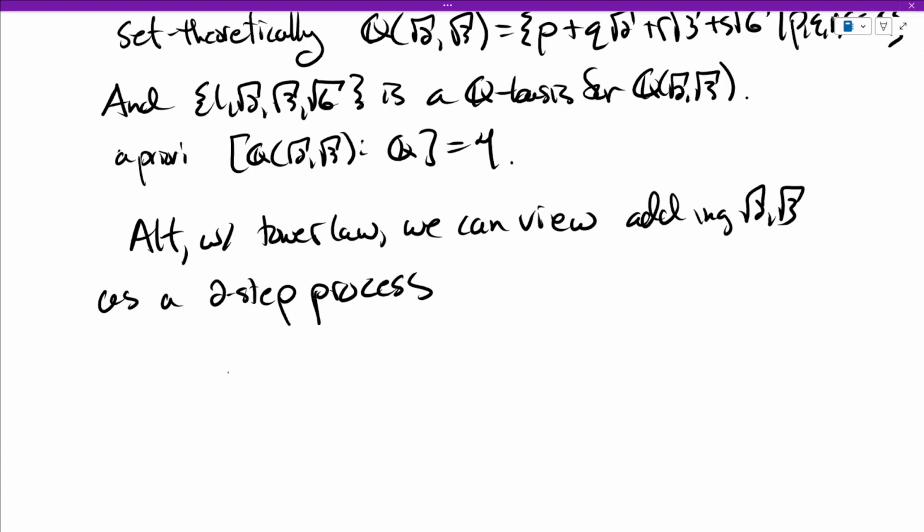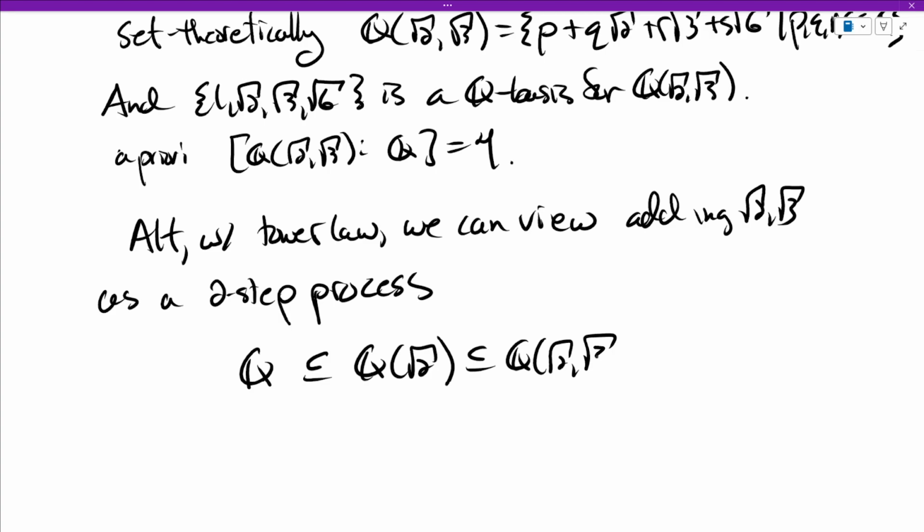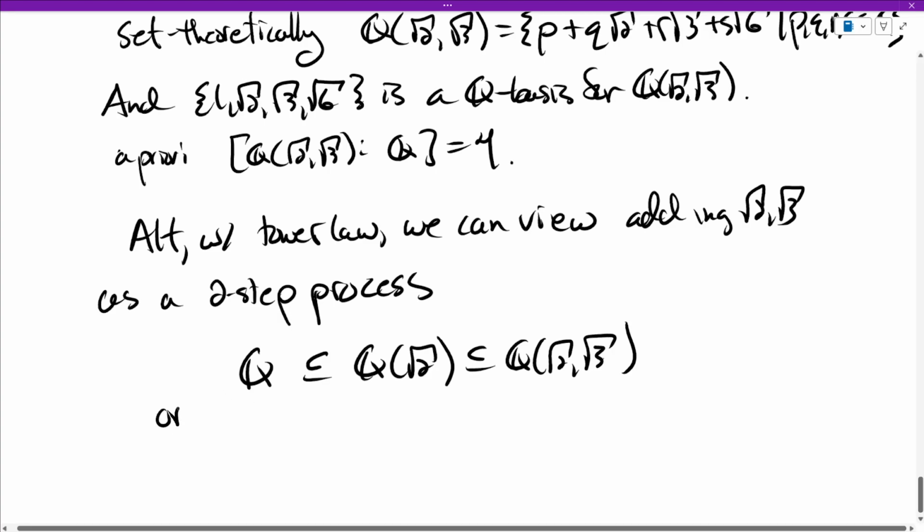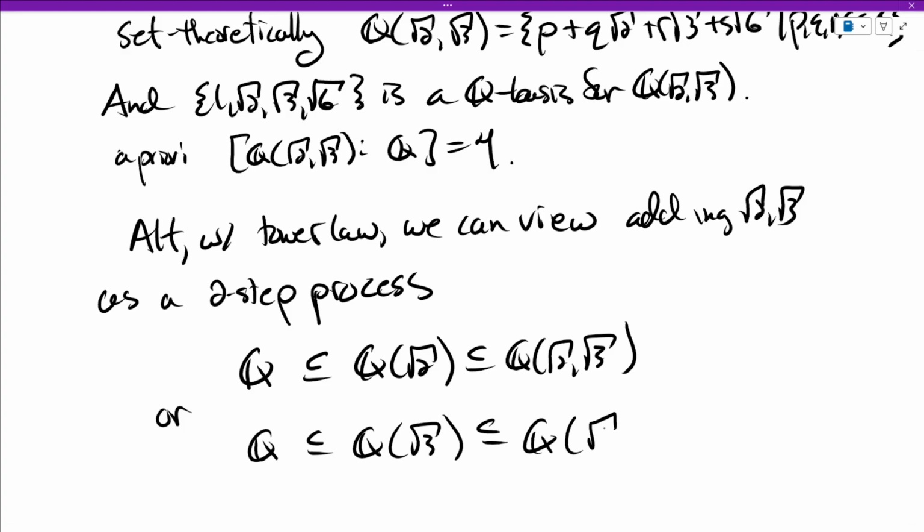We can first pass from Q to adding in root 2, to adding in both root 2 and root 3. We can also add in root 3 first. The end result is, of course, the same. These are equal.